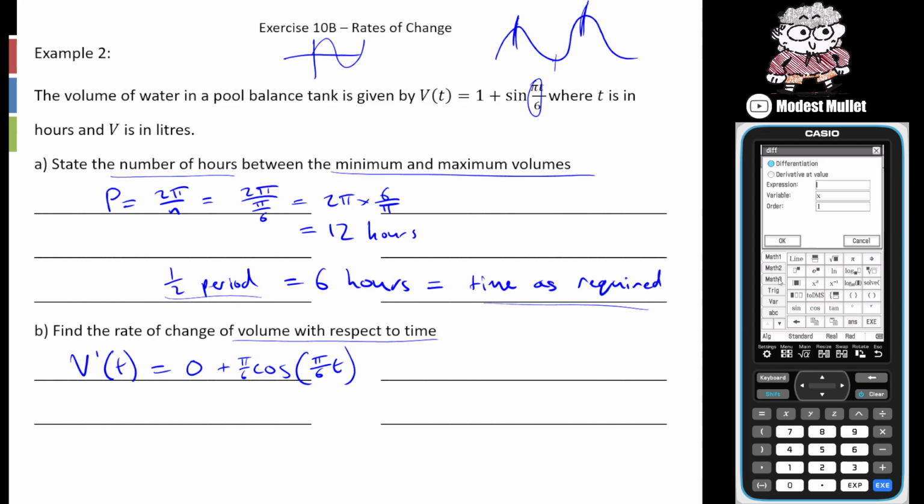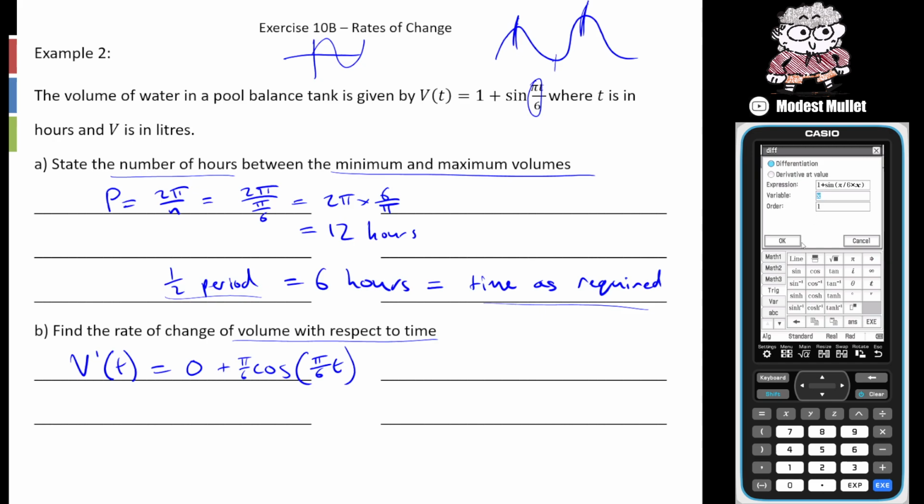We want to do, what was it? There we go. We were doing the derivative of 1 plus sine bracket pi divided by 6 times by, and we're just going to change it to x.